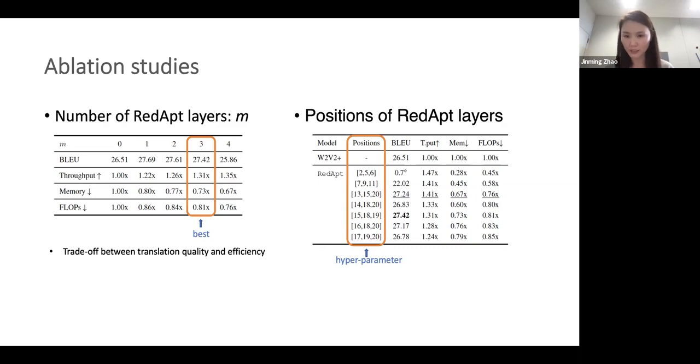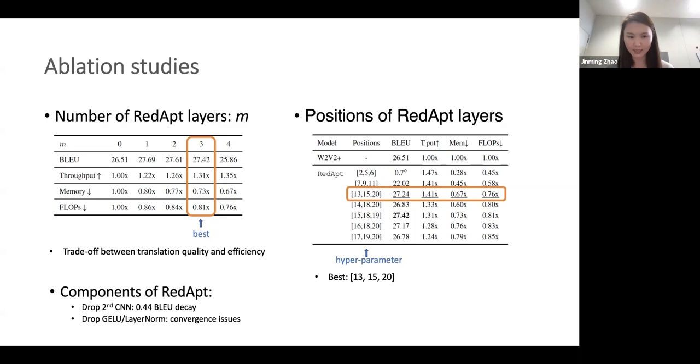Without going into the details of this table and explaining why the lower panel of wav2vec transformer layers didn't work, the key message from this table is that we choose 13, 15, 20 as our best configuration and apply it to other language pairs as in the results I showed you in the previous slide.